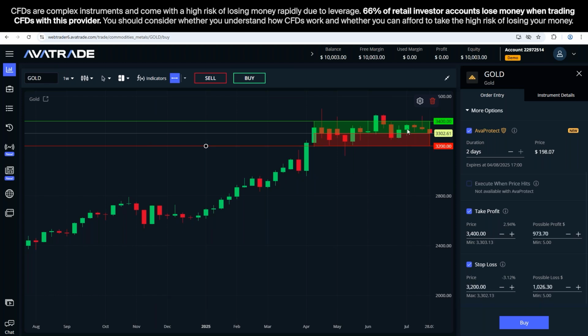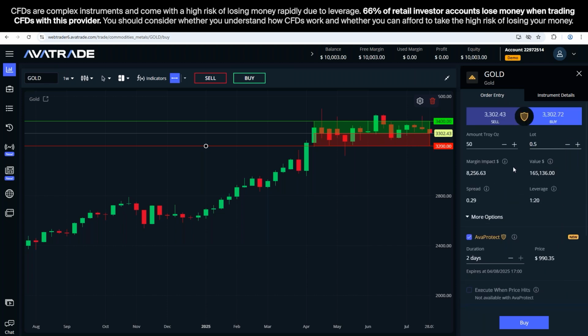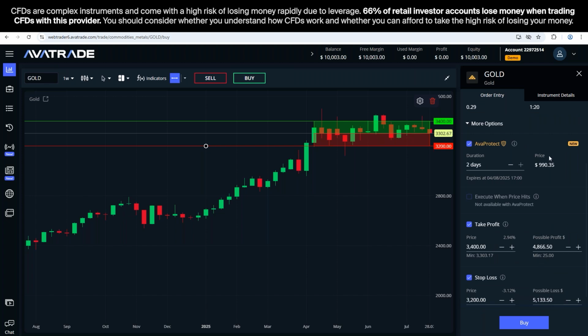So if we go back to the previous numbers that we worked with, which are also displayed on the chart, we can see that the proportions here are reasonable. Even if I go with 0.5, it's still reasonable: potentially losing 1,000, potentially gaining 5,000.